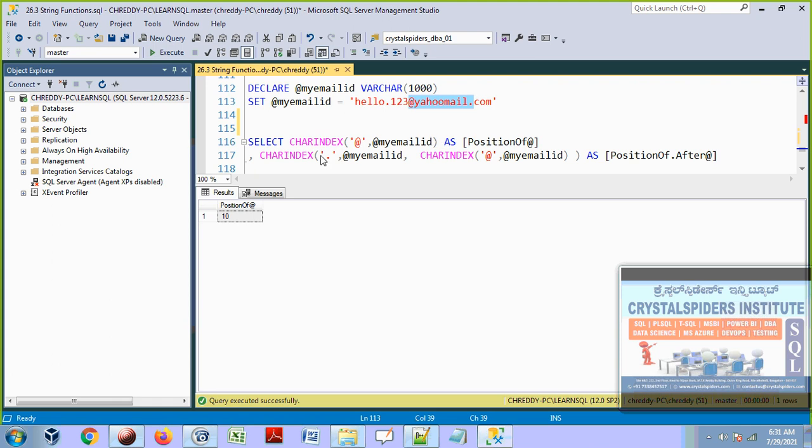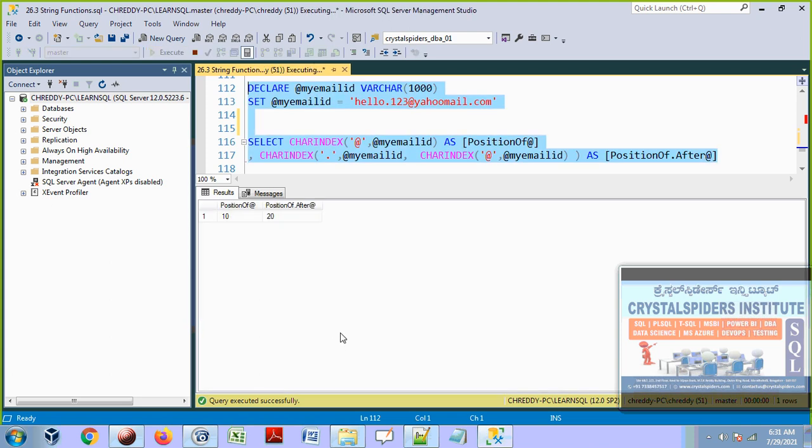So in the place 20 the dot symbol is there. Let's execute this one and see whether it is giving the right one or not. Yes, 10th position at the rate symbol is there and 20th position dot symbol is there. This is the dot symbol which comes after the position of at the rate. Now I have given proper alias names: position of at the rate symbol, and position of dot which comes after at the rate. I just gave some meaningful alias names to display that.